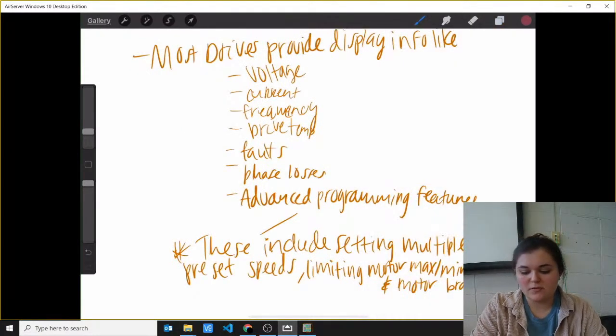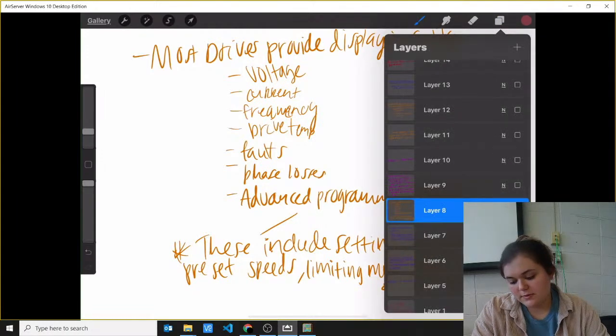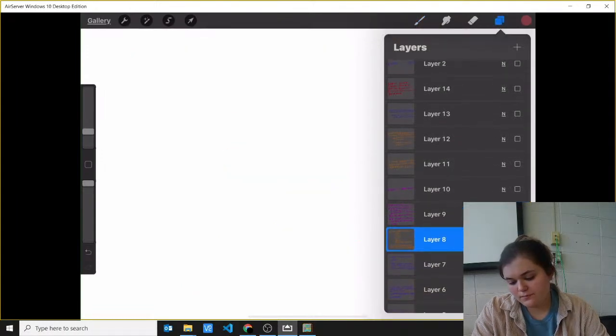So most drives provide display info like voltage, current, frequency, drive temp, faults, phase losses, advanced programming features, and those features include setting multiple preset speeds, limiting motor max and min speeds, and motor braking. We'll go over some of that more in depth here in a minute.